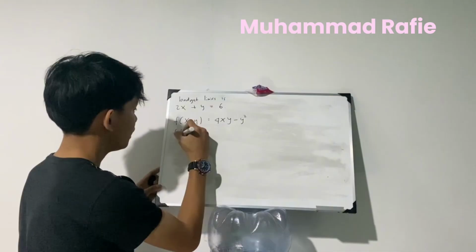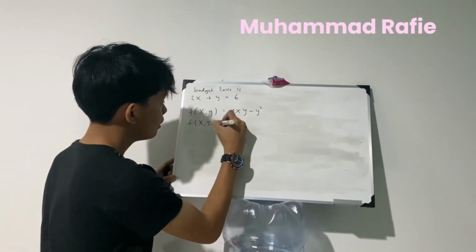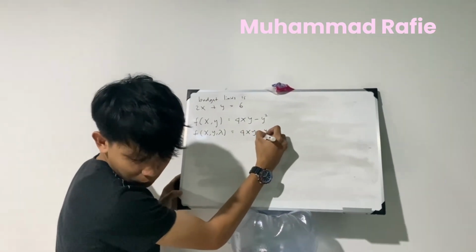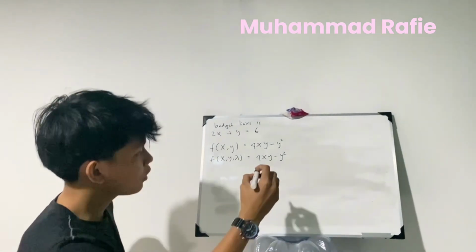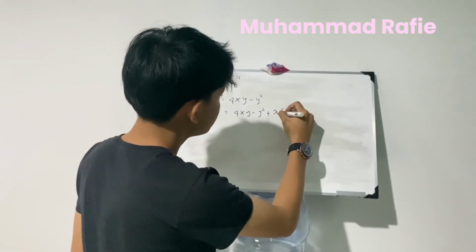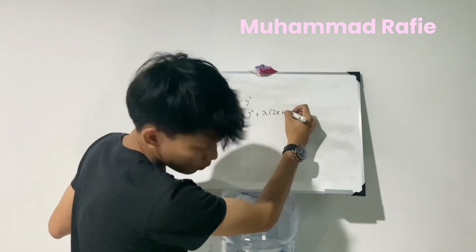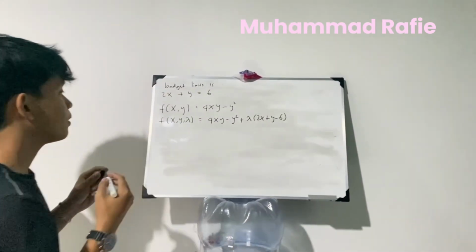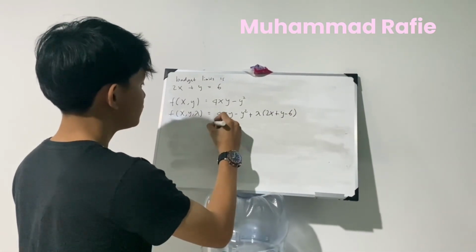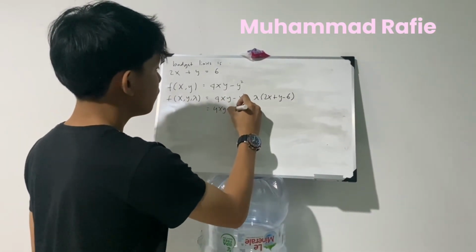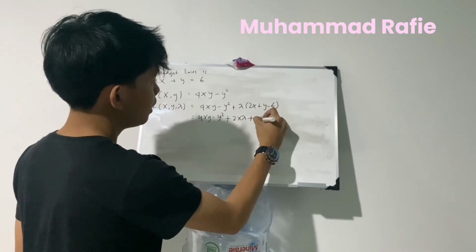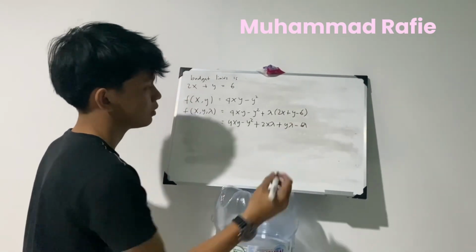So the function of x, y, and lambda equals 4xy minus y squared plus lambda times (2x plus y minus 6). On the next step you multiply by lambda, so the result is 4xy minus y squared plus 2x lambda plus y lambda minus 6 lambda.